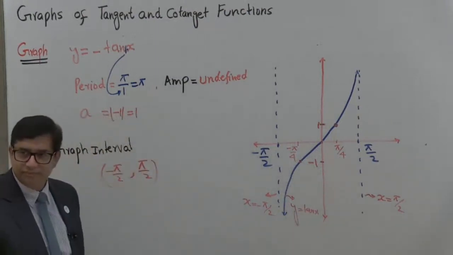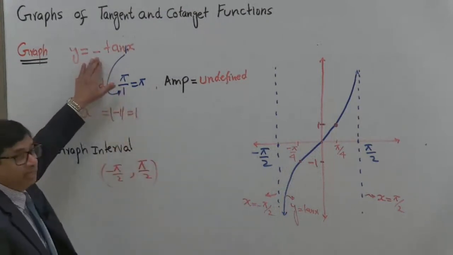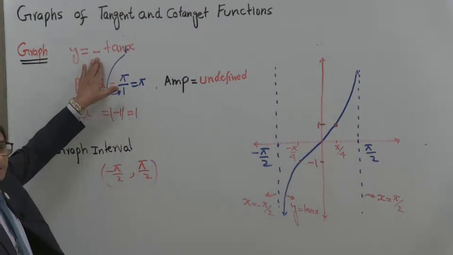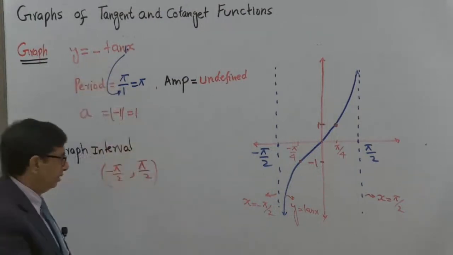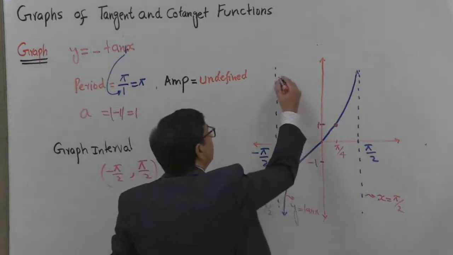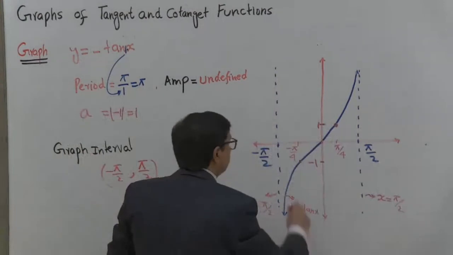It's all working. Now, but we see there is a negative sign. It means this graph should come over here, this way.